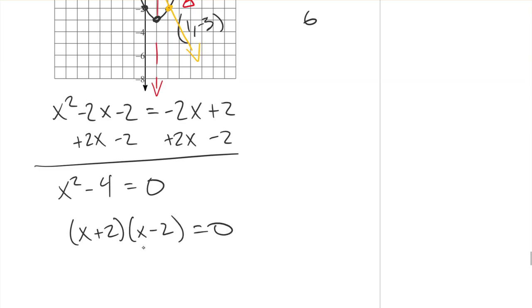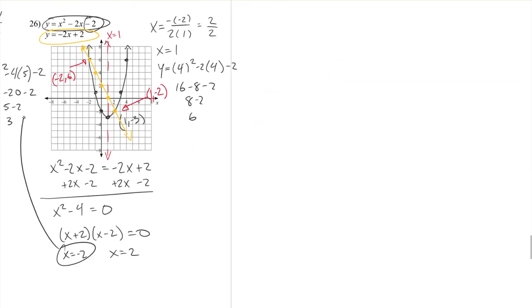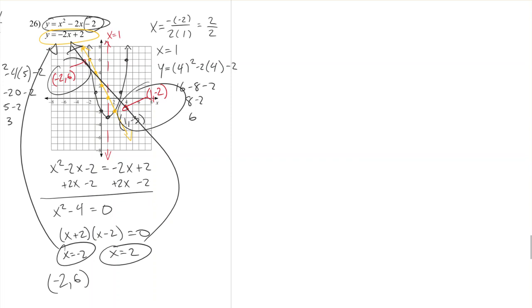So x equals negative 2 and x equals positive 2. When we sub in our negative 2, we get negative 2, 6. When we sub in our positive 2, we get 2, negative 3. I can't count. Not 1, negative 3. When we sub in a positive 2, we get 2, negative 3.